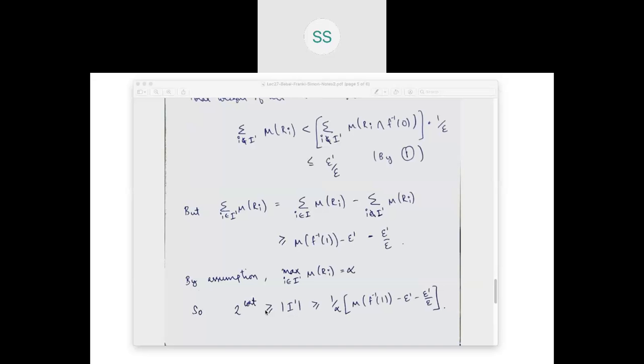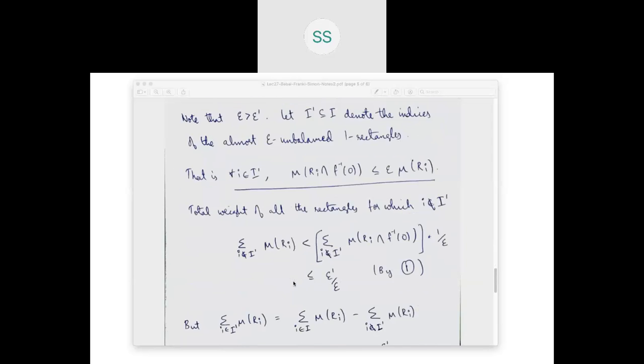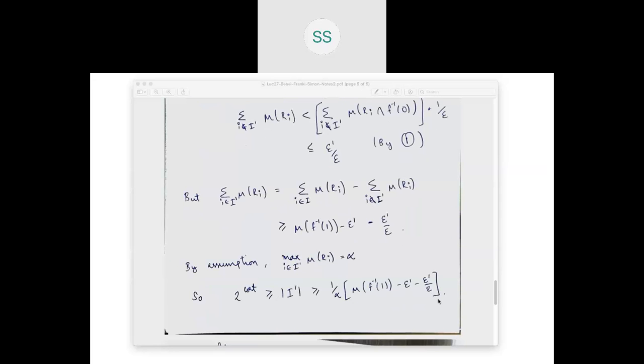So we have this bound on the cost, which was what was stated here. We started with any protocol on a distribution nu with error parameter at most epsilon prime, and we showed that the cost satisfies this inequality, which was what we wanted to show.